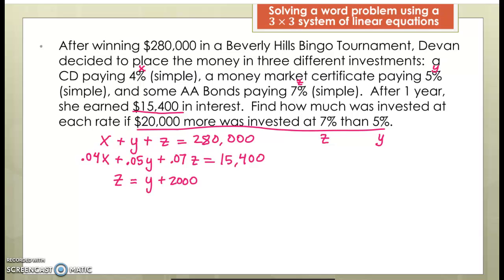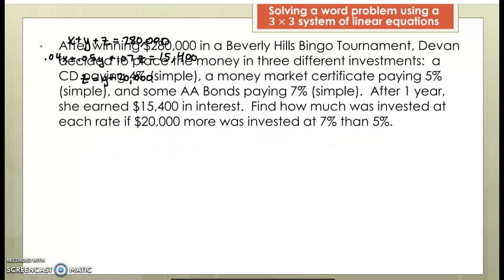I'm going to go ahead and move to a blank slide so I can show this work a little neater. So here are my 3 equations. If I were to multiply the first equation by 4, I would get negative 4x minus 4y minus 4z equals negative 1,120,000, like so.